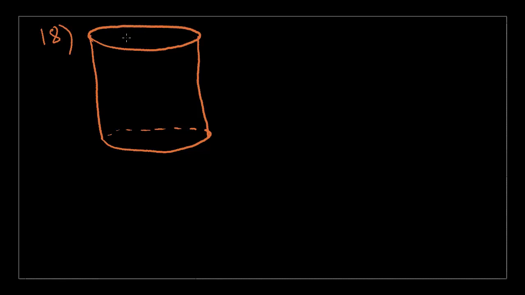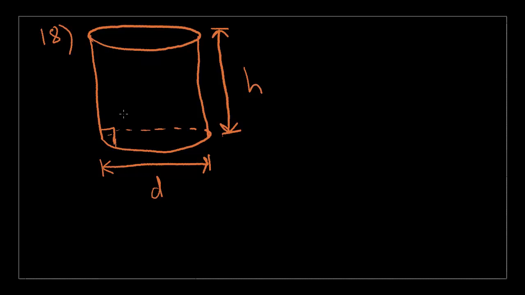Drawing as best as I can, because I'm not that good a drawer. Alright. So this height is h, and the diameter is d. And since it's a right circular cylinder, let's just put this here.